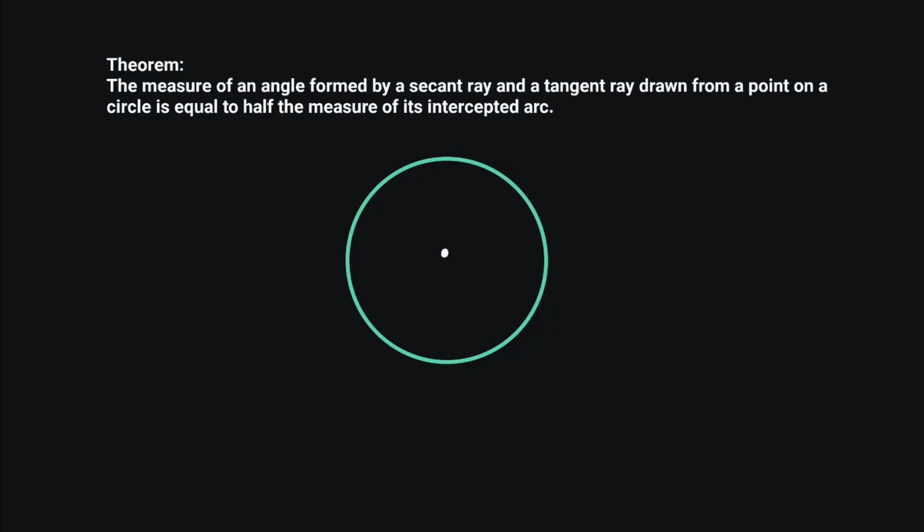Since it's saying the measure of an angle formed by a secant ray and a tangent ray, let's define a point of tangency here. Let's suppose that we have a tangent ray like that, and we have a secant ray, because it's touching 2 points. Let's put names to it.